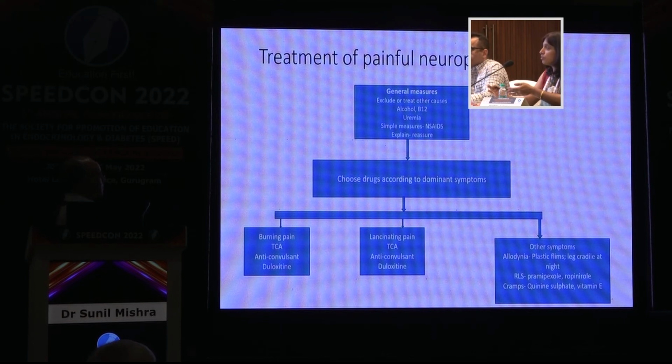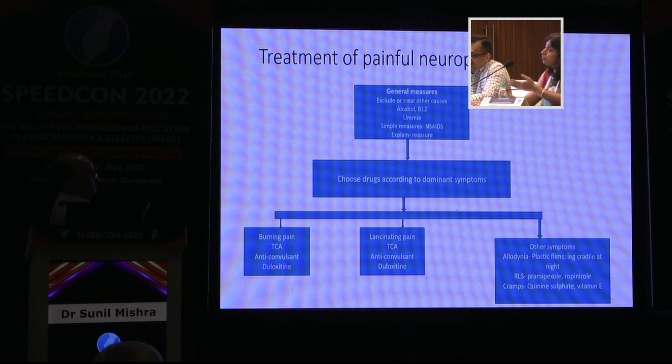Then we may add pramipexole or ropinirole, a DA agonist, starting again with the lowest dose, 0.25, in the evening, 3 to 4 hours before bedtime. And again, correction of hypocalcemia and looking at the ferritin levels is also important. Uremia can also lead to RLS-type symptoms. Those should also be attended to.